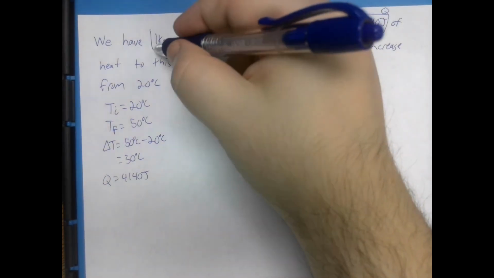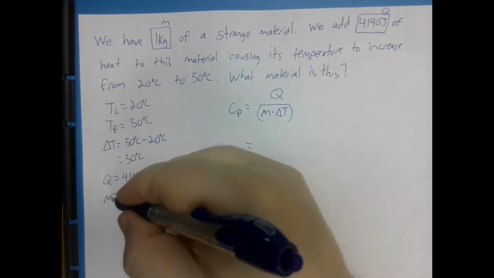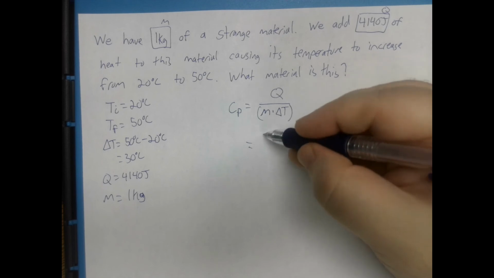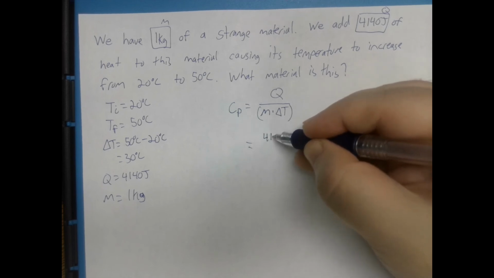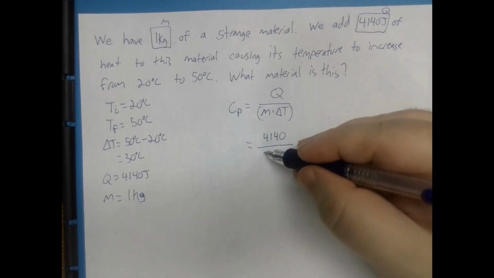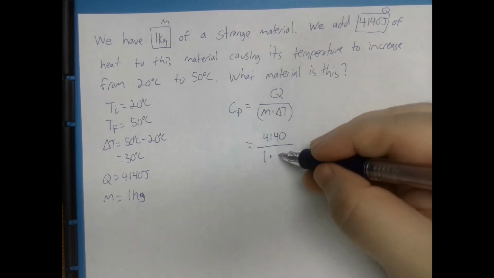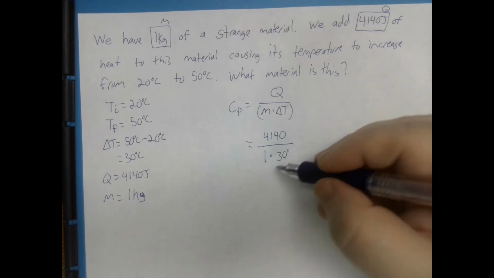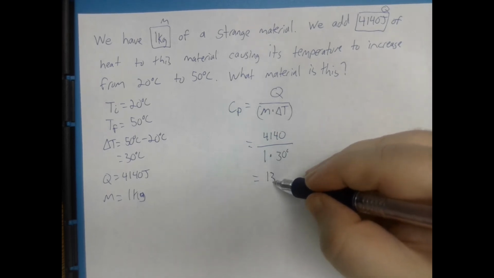Our mass, 1 kilogram. So that would be 4,140 divided by 1 times 30 degrees, and you get 138.